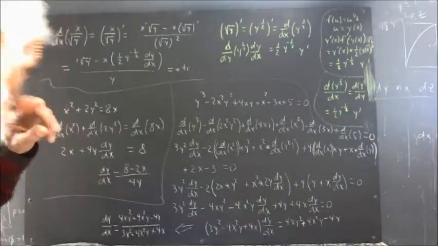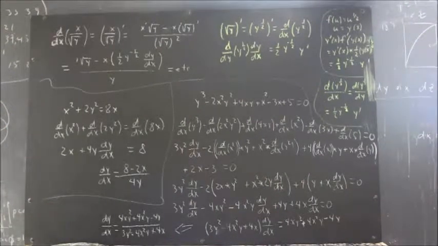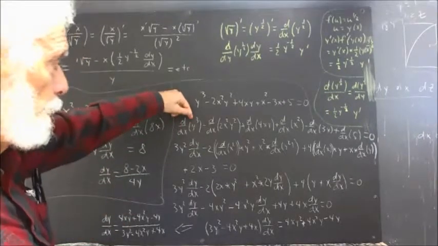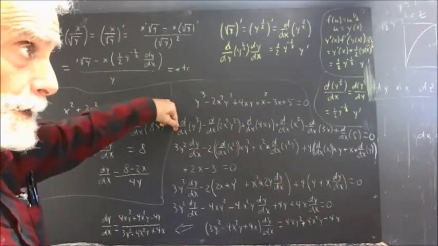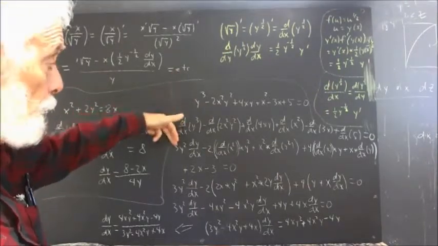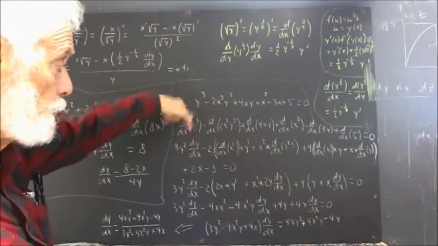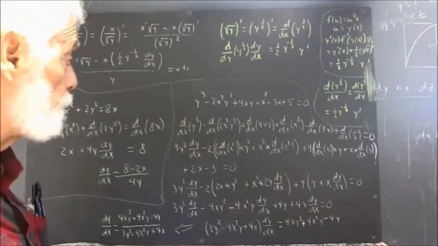Now, the other terms all involve y expressions, sometimes in combination with an x expression, sometimes not. Okay, first we have the derivative of y cubed with respect to x. Now that's the derivative of y cubed with respect to y multiplied by dy/dx. The derivative of y cubed with respect to y is 3y squared.